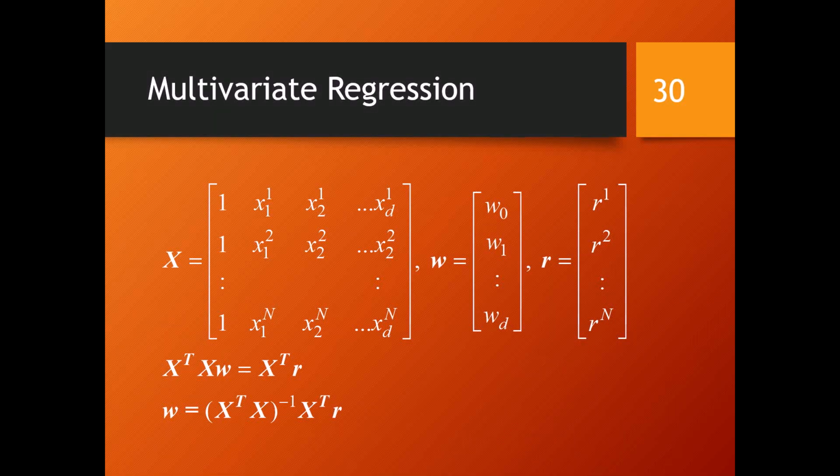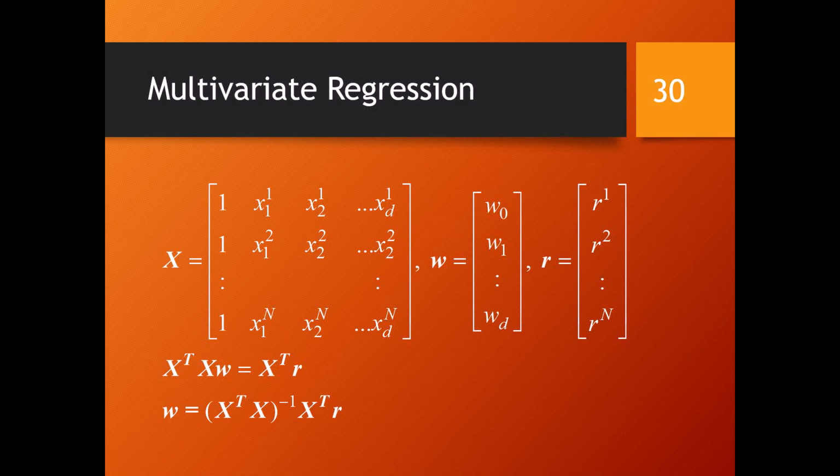So again, we are not doing the matrix inverse for a very large matrix. X has a large number of rows, right? And x is an n by d matrix.